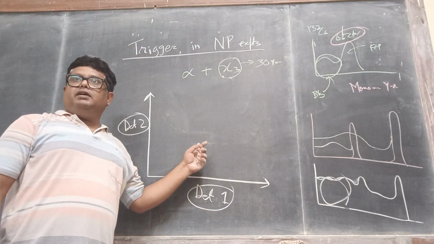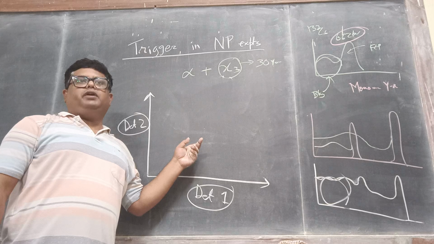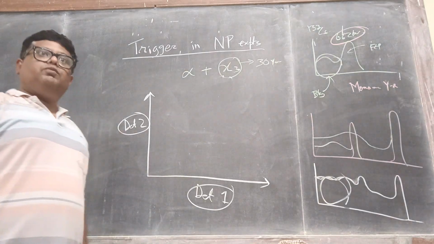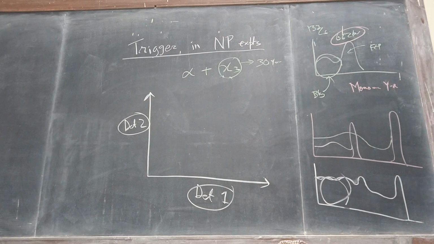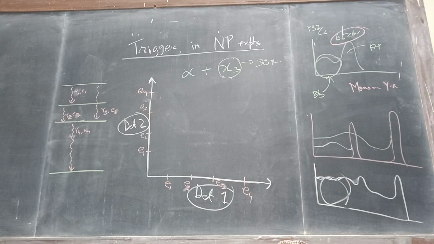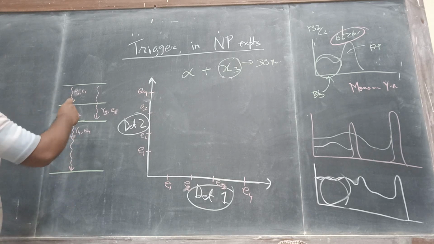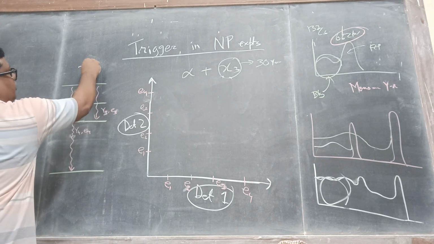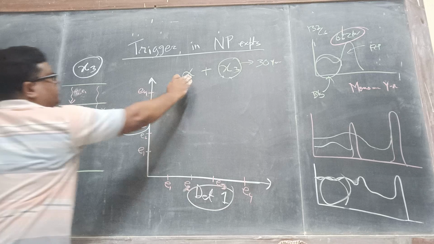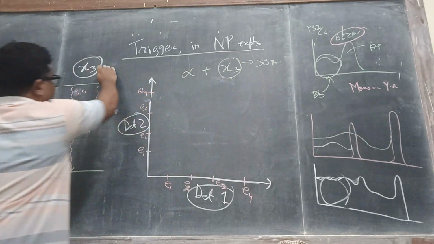What will you get as a result of this? If you see a single point in this spectrum, then what will it mean? Tell me. Now look closely at what I have done. This is sort of a level scheme of this X3 nucleus that we are studying.